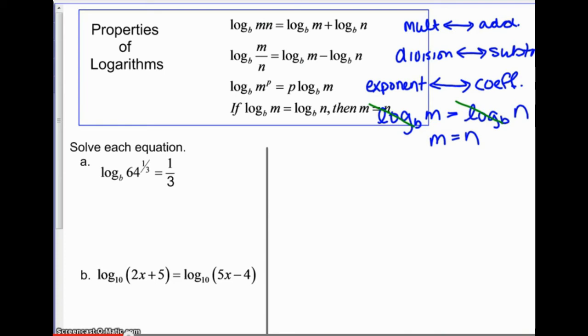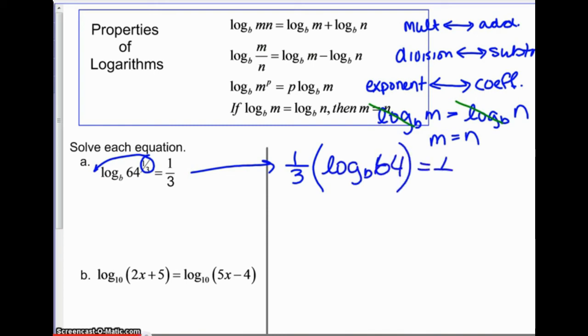The first one I notice here is log base b of 64 raised to the 1/3 power equals 1/3. We have an exponent here, and our rule says that exponents can become a coefficient. So that's the first thing I'm going to do. I'm going to make that 1/3 the coefficient of log base b of 64, and have that equal 1/3.